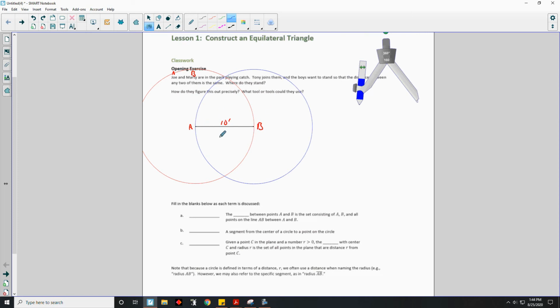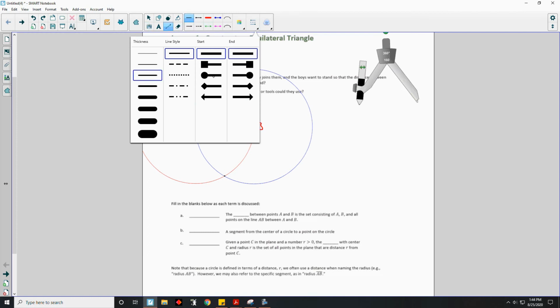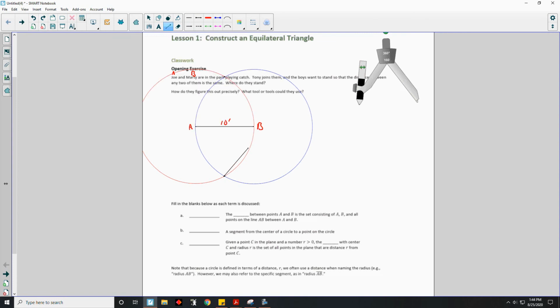There are two locations on this earth where we could place Tony so that he is 10 feet away from both Joe and Marty, and that'd be here or here. And then once I do that, I can draw a segment. Let's go to here and draw it from here to here, and then from here to here.